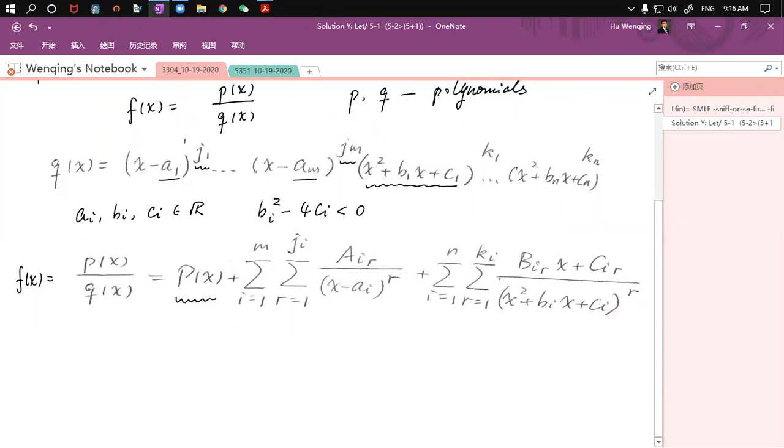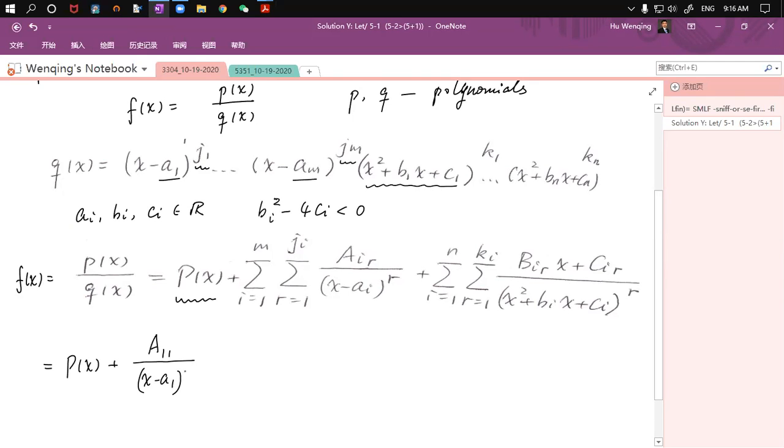As long as you have the denominators, you're not going to just have the maximum power of this denominator, but you are going to exhaust the denominator from the first order power. So for example, here you're going to have p of x. The first real root is a1, so you have a11 divided by x minus a1, but you're not going to immediately raise to the power of j1.